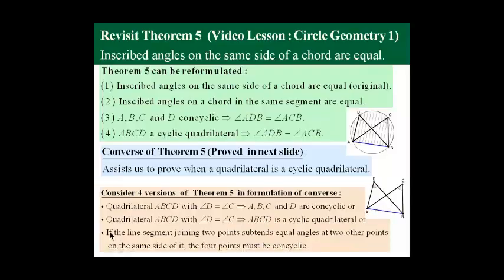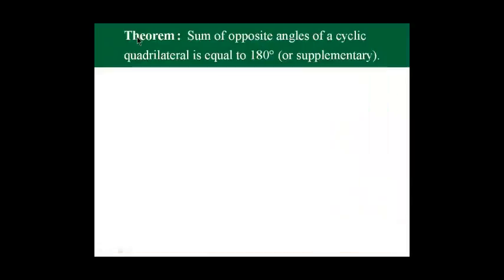Or more generally in words, if we have a line segment, like in this case AB, joining the two points A and B, and this line segment subtends equal angles at two other points D and C on the same side of it, note, points D and C both lie above this particular line segment, then the four points must be concyclic.